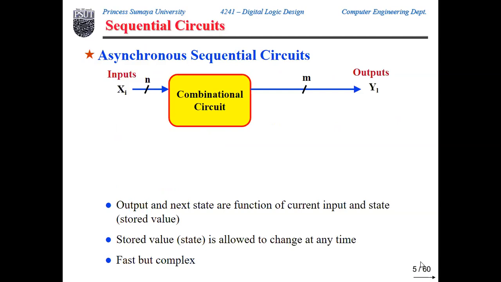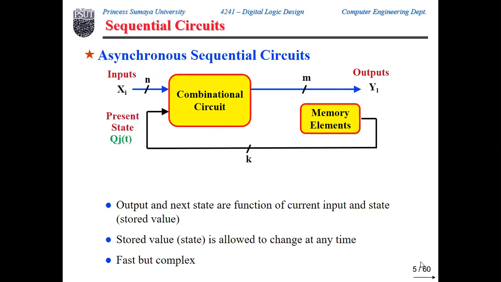In addition to this component, we have some storage or some memory that can store some value that tells us something about the state of the circuit. Now, what makes the sequential circuits different from the combinational circuit is the fact that the outputs are not only a function of the input, they are also a function of the present state, or the current value that is stored in the circuit.